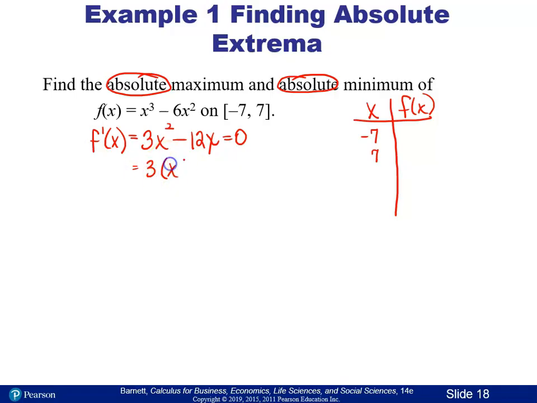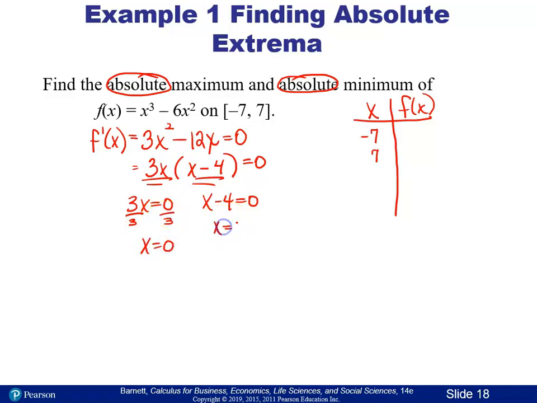I'm going to take out a 3x as the GCF, and that's going to leave me with an x minus 4. If I set 3x equal to 0, I get one of my critical numbers, and if I set x minus 4 equal to 0, I get the other critical number. So I'll have 0 here, and then here I'm going to have 4.